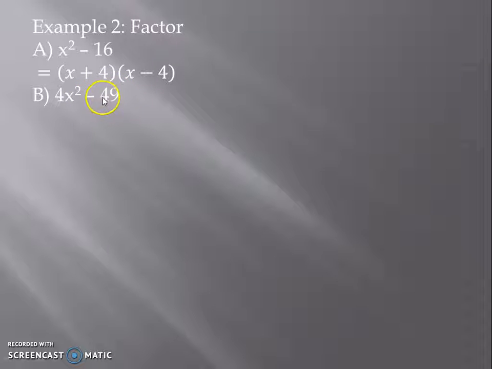But since it's negative, it's negative 7 times 7. So it's bracket 2x plus 7, times 2x minus 7. It doesn't really matter which one you put first. You could actually switch these around and you still get the same answer.